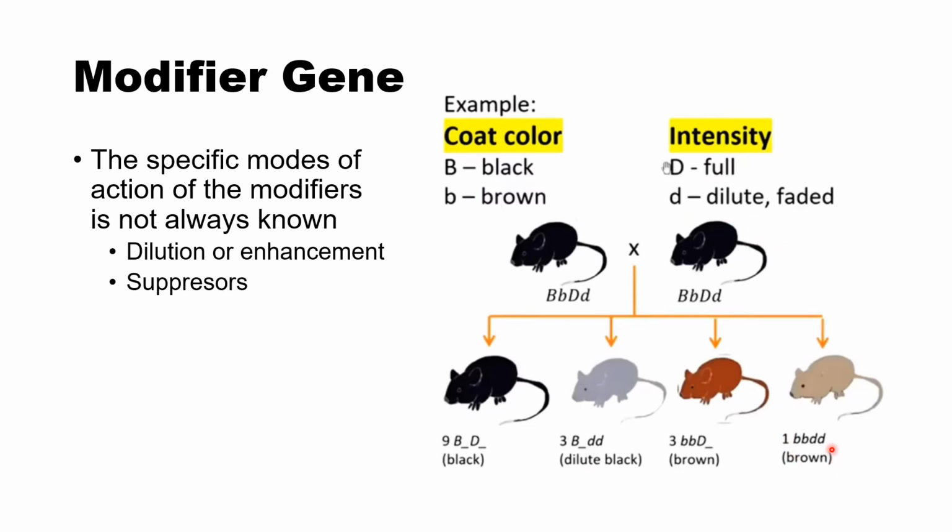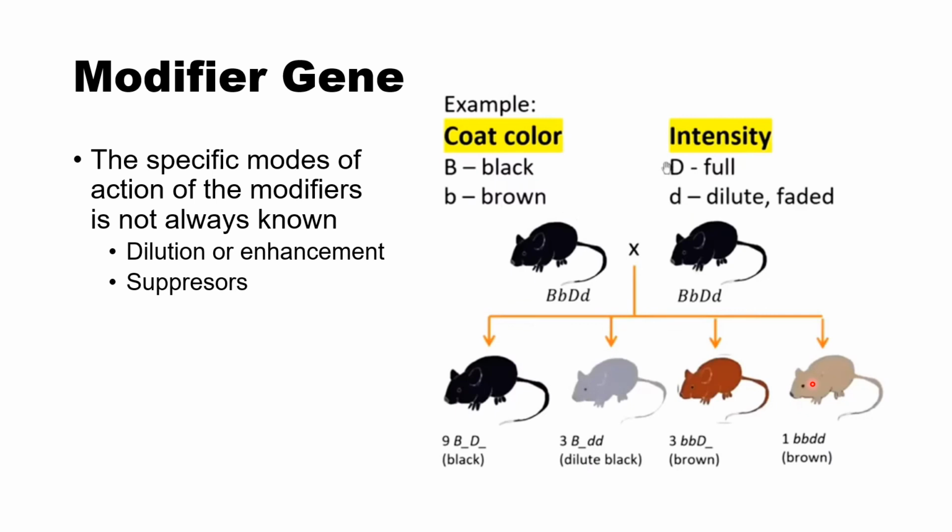So, meaning, dapat yung color sana nitong mouse na to is kulay brown dahil ito yung meron siya nitong recessive B na it will dictate yung color na brown. Pero dahil sa modifier gene na to na it will dilute or fade yung color, naging diluted or naging faded na brown. So more on parang whitish brown yung kulay na nung mice. So yun yung example ng isang modifier gene.